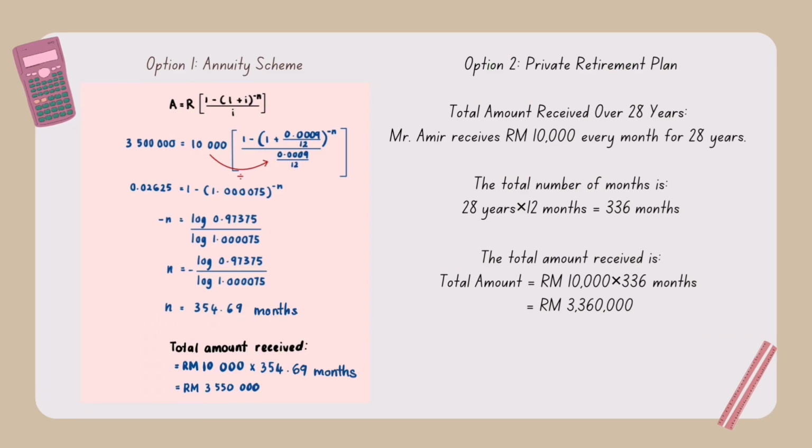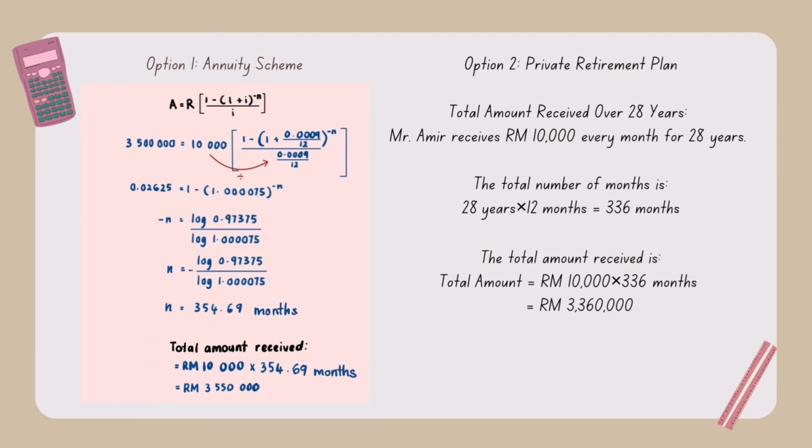So 3,500,000 ringgit equals 10,000 in bracket 1 minus in bracket 1 plus 0.0009 divided by 12 close bracket to the power of negative n, divided by 0.0009 divided by 12 close bracket.